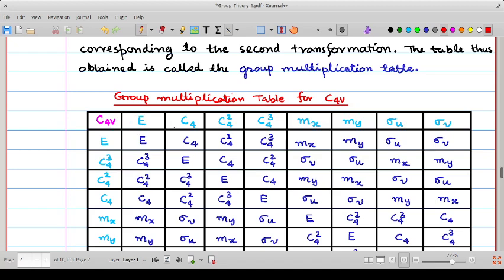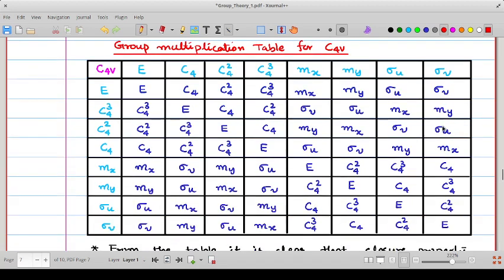So the elements are E, C4, C4 square, C4 cube, mx, my, sigma u, and sigma v. Now the row headers are also the elements of the group: E, C4, C4 square, C4 cube, mx, my, sigma u, and sigma v.